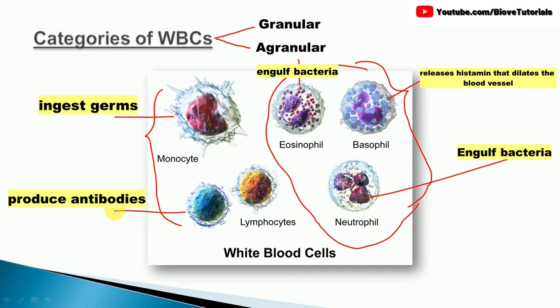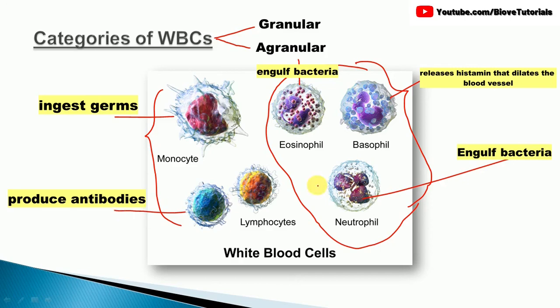If any foreign substance comes into our body, then WBC will produce antibodies. That particular antibody will destroy, or you can say neutralize, the effect of that foreign substance or toxin. Antibody also acts as an antitoxin, in response to any toxic substance which enters into our body.